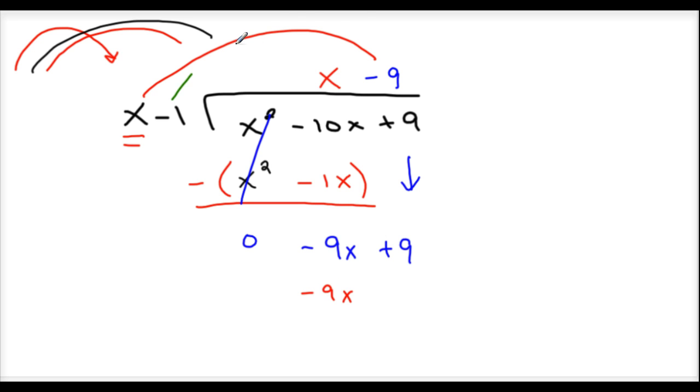And negative 1 times negative 9 is plus 9. Again, parentheses, important, subtraction. Negative 9x minus negative 9x, 0. 9 minus 9, and I get 0. So when I divide x minus 1 into x squared minus 10x plus 9, the remaining factor is x minus 9.